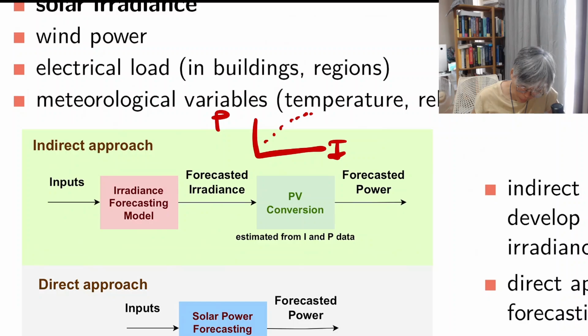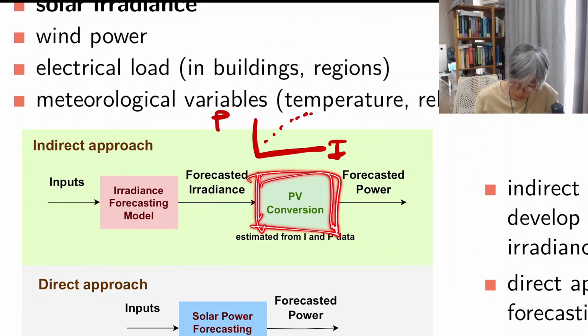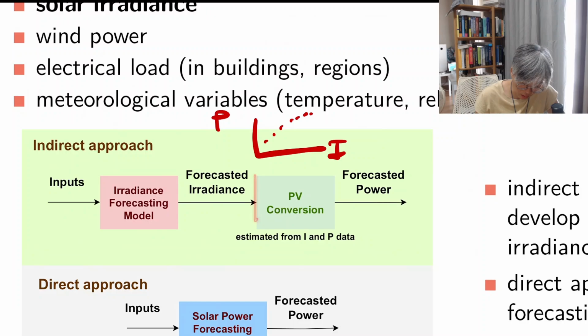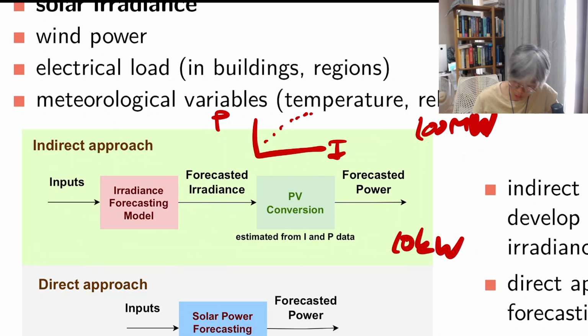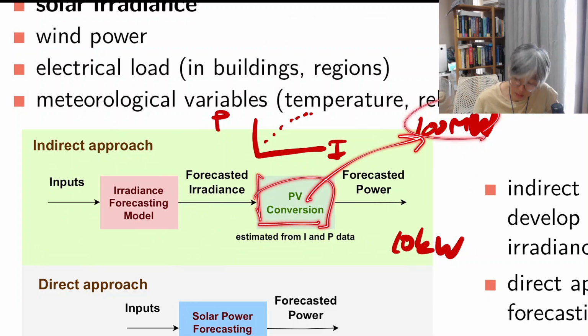But in order to apply the whole thing to your new location, you can simply change this block, because this block depends on the size of the solar farm or solar panel. If you have a solar farm with bigger installed capacity, like 100 megawatt, or the other one would be 10 kilowatt, of course this block would have a bigger factor.